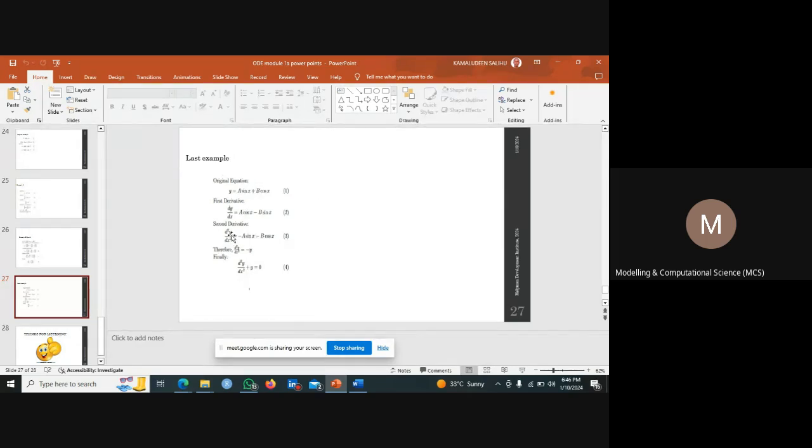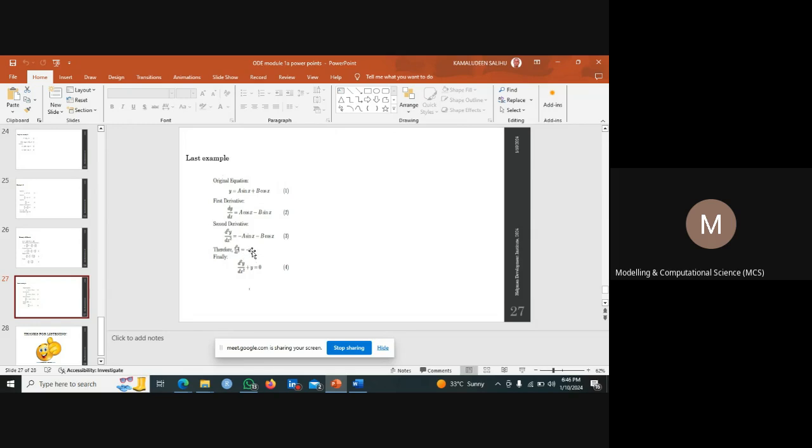So d square y over dx square equals negative y, because our second derivative has already given us equation 1, but in negative. That is why we are having it to be negative y.